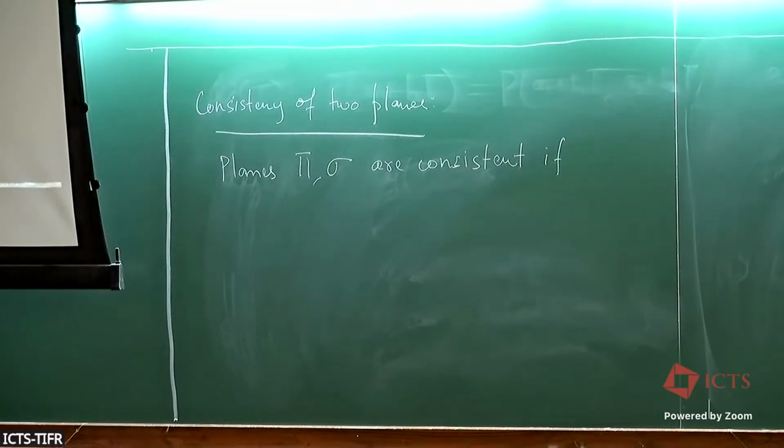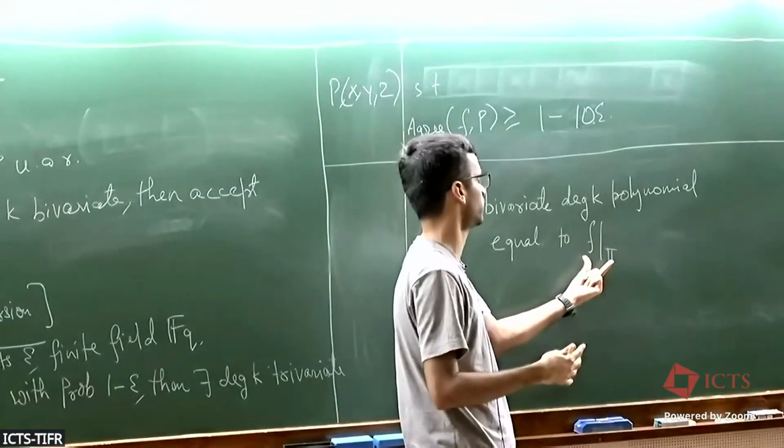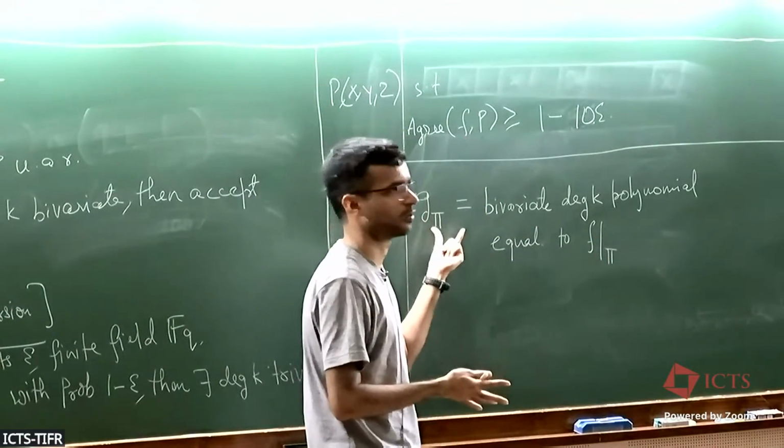a little bit of notation that will help us write things clearly. For any plane pi, I will use g sub pi to be the bivariate degree k polynomial which is equal to F restricted to pi, assuming that pi is a plane on which the test passed. G sub pi will denote that polynomial.